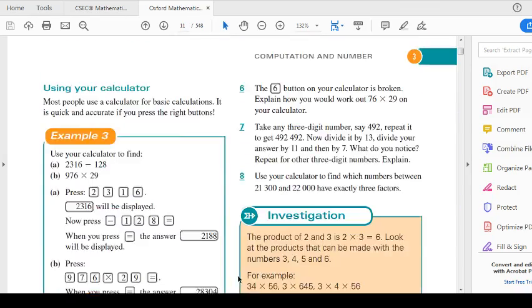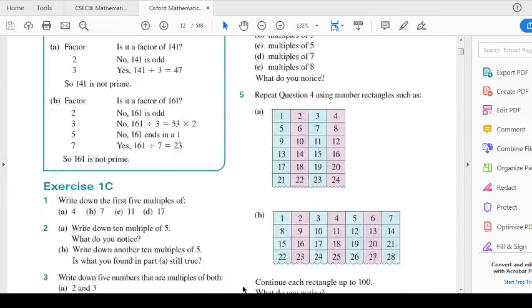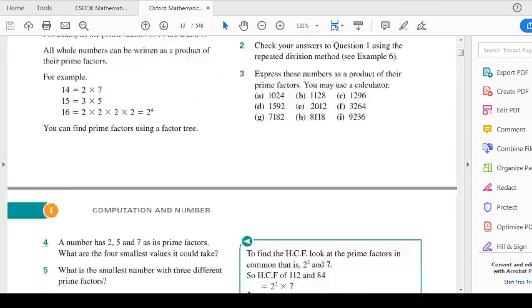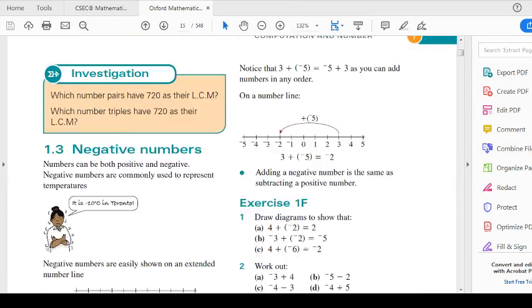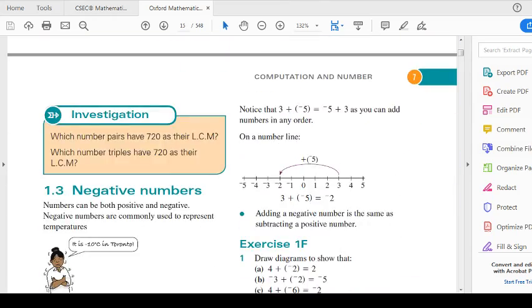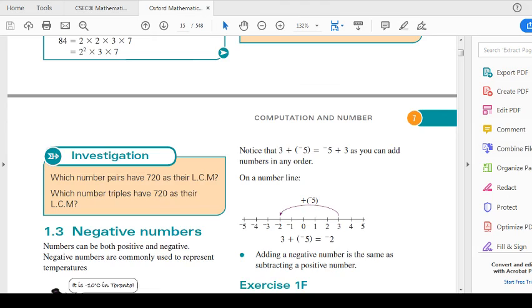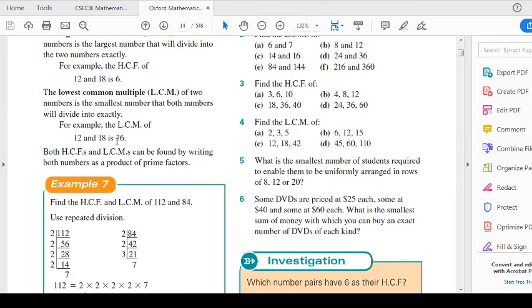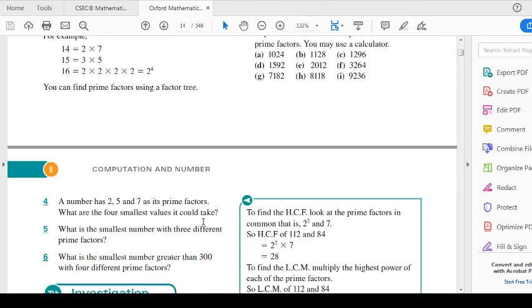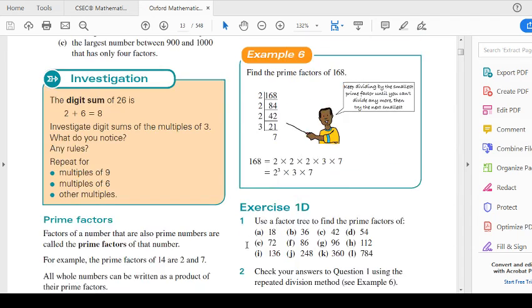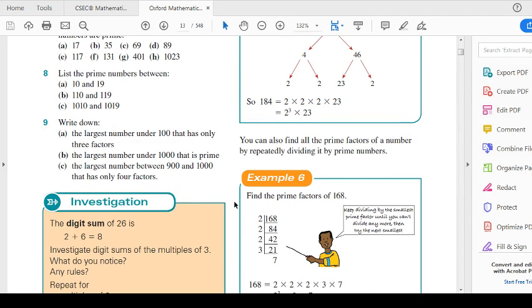So we'll start looking at some of the things in this book because we want to get prepared for the exam as soon as possible.